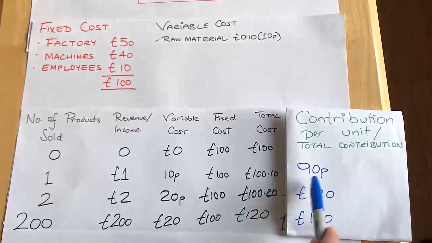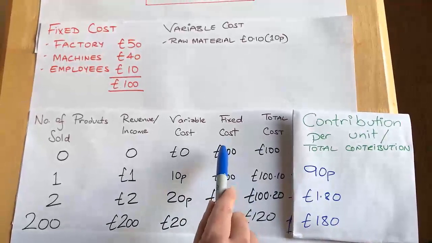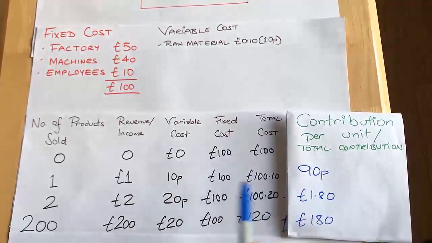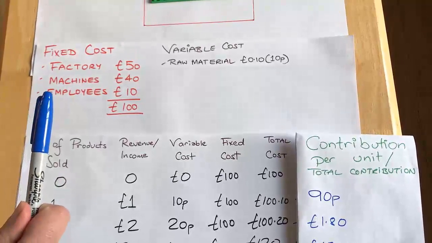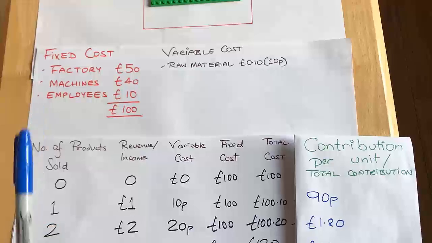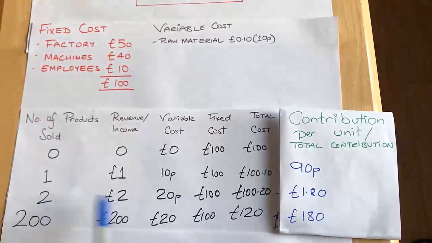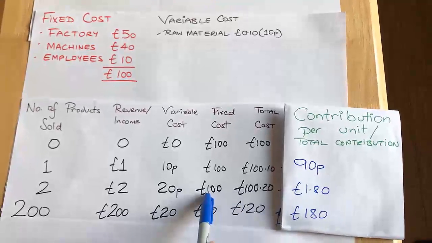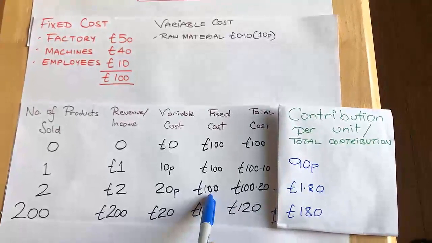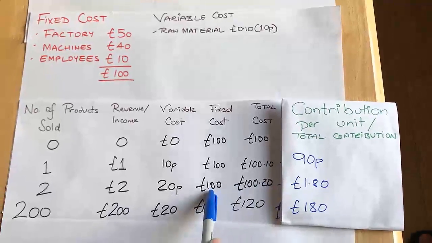So even though 90p is not enough to pay for our fixed cost, it will help to pay a little bit off the factory, a little bit of the machines, a few pence to the employees. And in this case, we're making £1.80. Again, £1.80 isn't going to cover our fixed cost because this £100 is too high, but at least it will pay some of it.